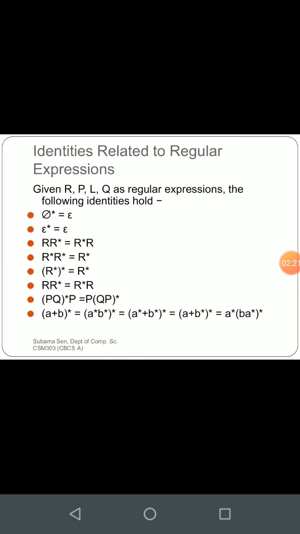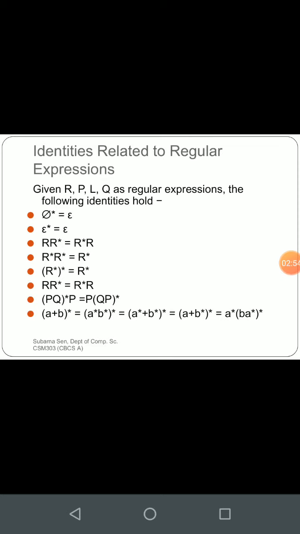Next we will see some identities related to regular expressions. You can just go through this, and if you want to prove it, you can take any example. The empty string, whatever combination you do, will ultimately result in an empty string, that is phi. Similarly, if you write r·r*, any expression followed by itself multiple times, the reverse is true as well.